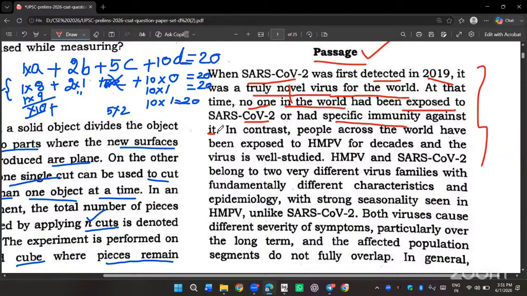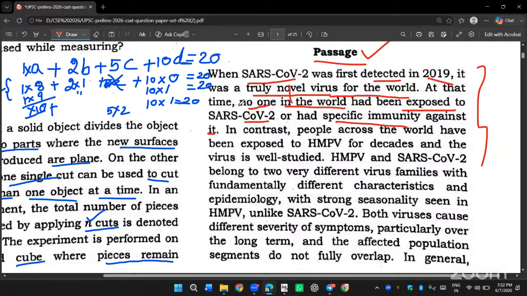So here they have mentioned specific immunity. Other immunities were there, that is the meaning. You have to understand. So when you attend the reading comprehension question, what you have to do, that is a very important one.